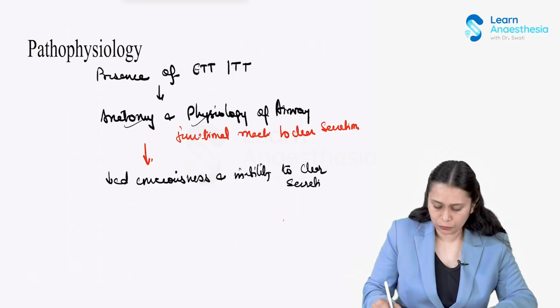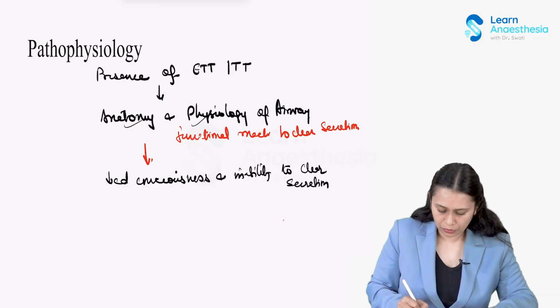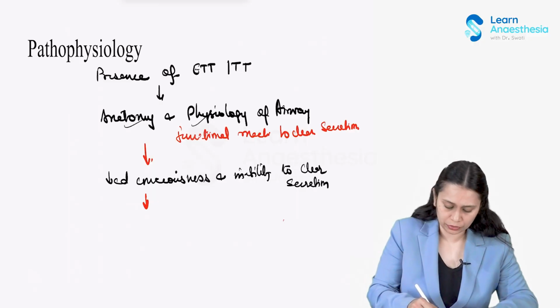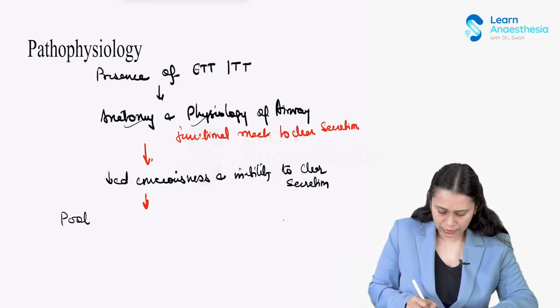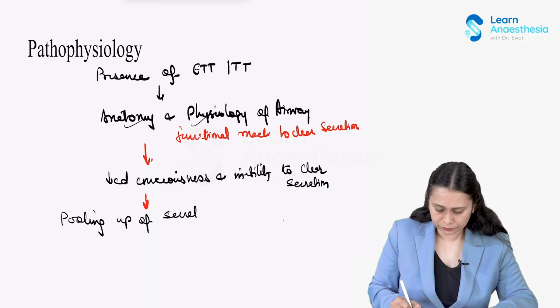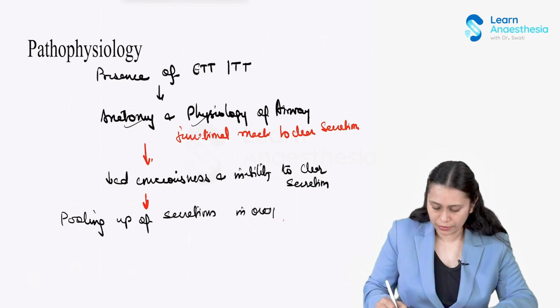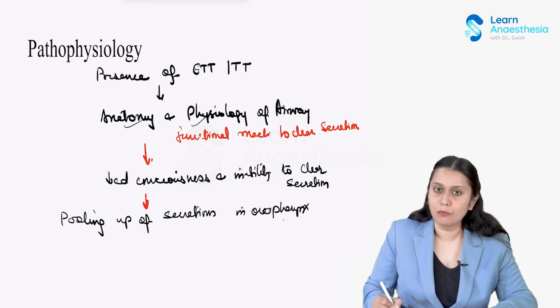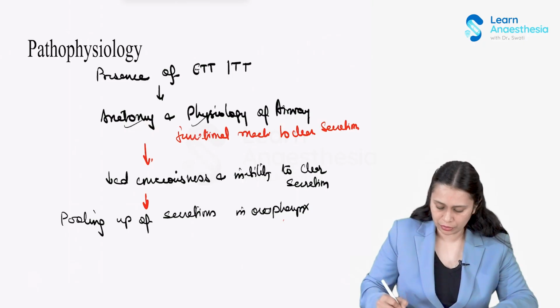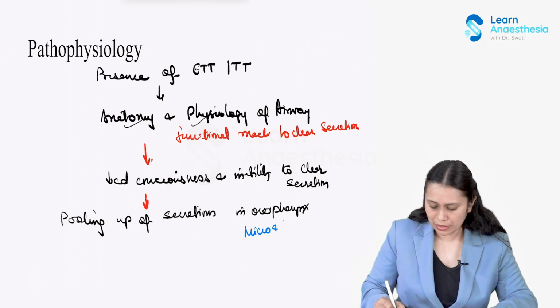So all this would lead to pooling up of secretions in the oral cavity, in the oropharynx, and this leads to micro and macro aspiration. So this would lead to micro and macro aspiration, one of the major causes of VAP.